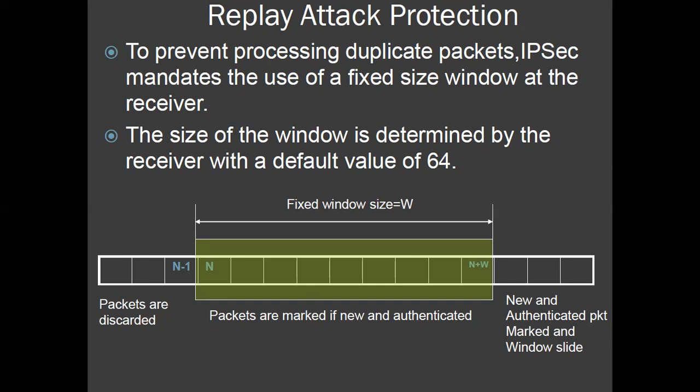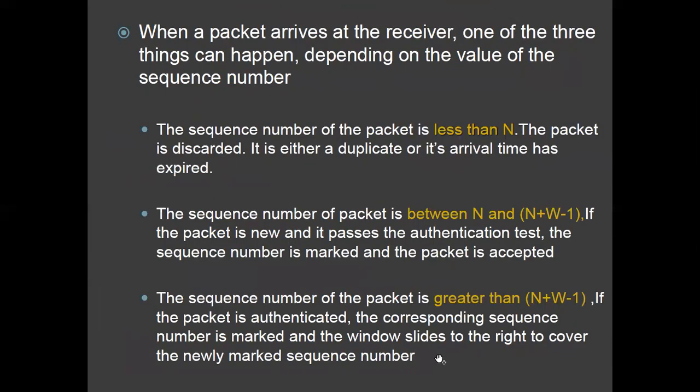When a packet arrives at the receiver, one of three things can happen depending on the value of the sequence number. The packets on the left-hand side are discarded, and packets on the right-hand side are new authenticated packets which are marked, and then we can slide the window.